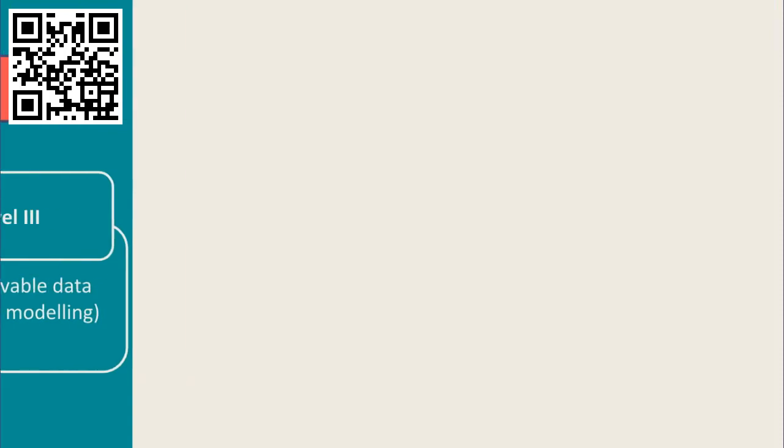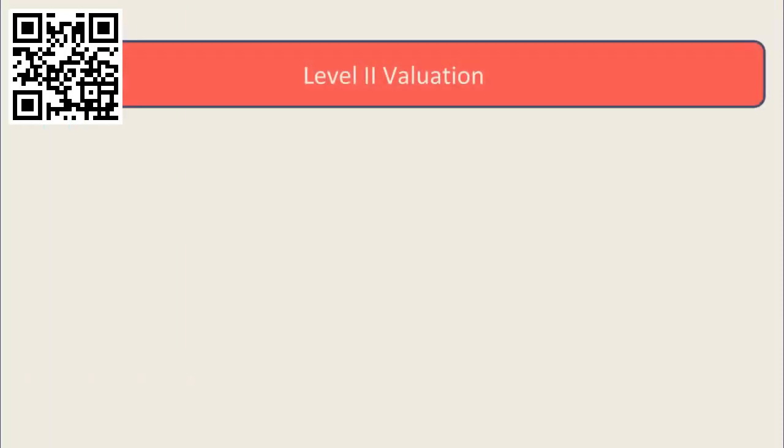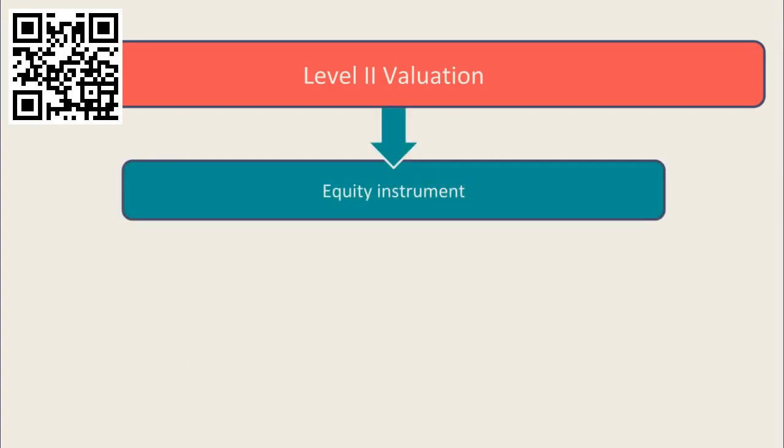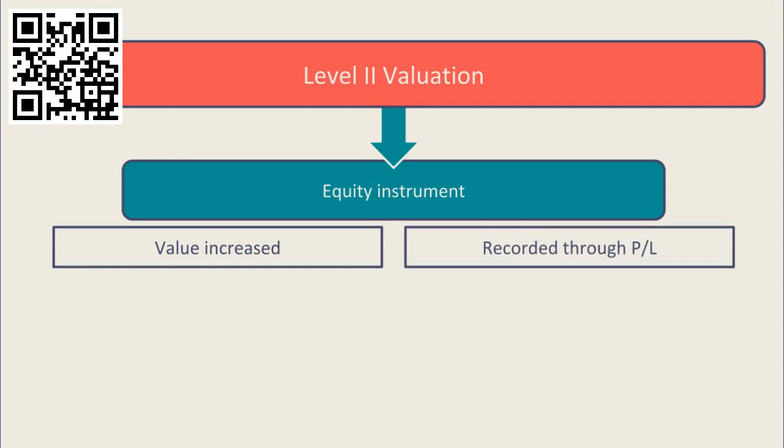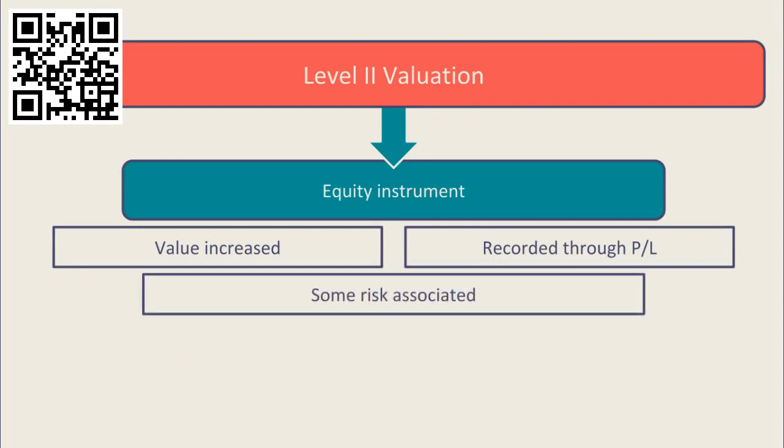Do bear in mind in a question that we could be presented, for example, with a level 2 valuation, and during the year we could see that the instrument, perhaps an equity instrument, has thus increased in value. And that value may well have been recorded through the profit and loss account. Now, of course, if there is a level 2 valuation, we know that there's a degree of risk associated with this.